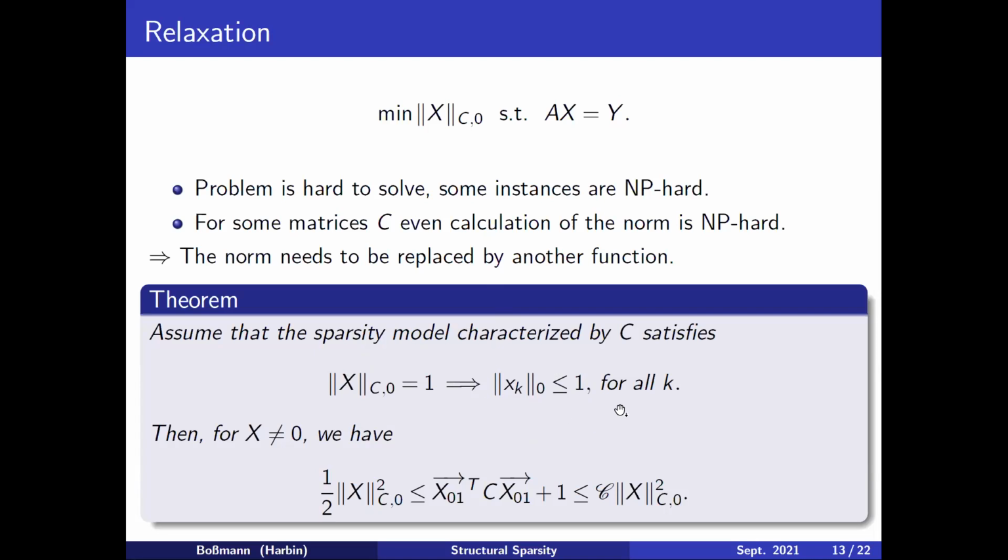So if we have this mild assumption, then we can show that this term here, so instead of taking the norm, we only have the vector of 0s and 1s. This is basically saying we take the support of our matrix. And this term is bounded above by the norm and below by the norm. So this is behaving exactly like our norm, and we can just replace our norm by this kind of quadratic form.